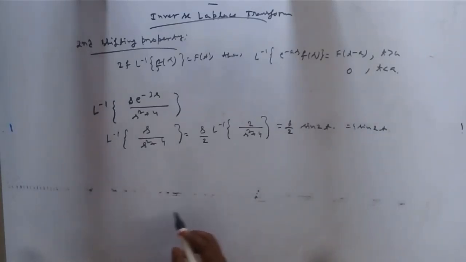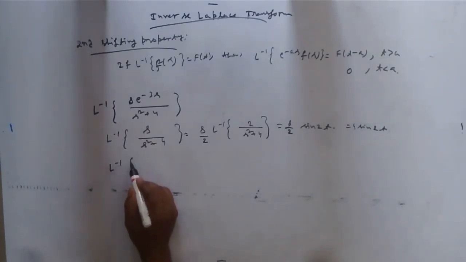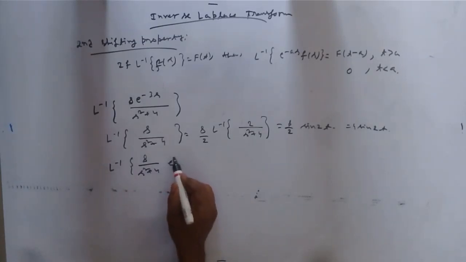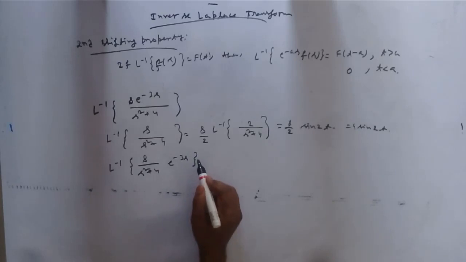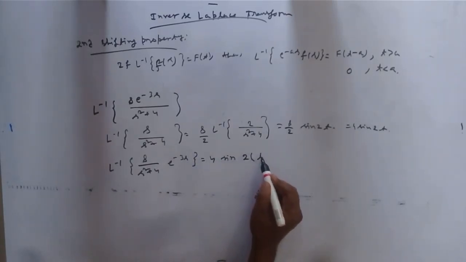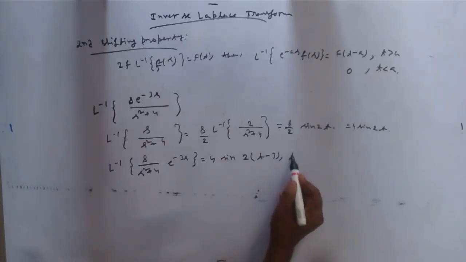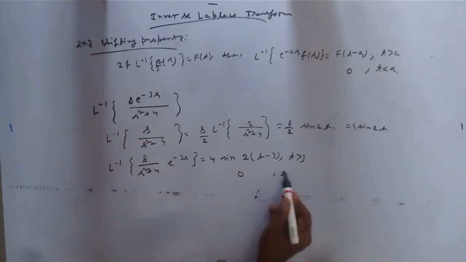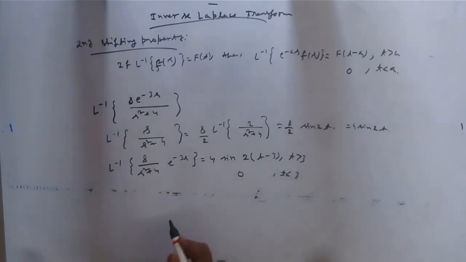Now applying the second shifting property, L inverse of 8 by s square plus 4 into e to the power minus 3s is equal to 4 sine 2 into (t minus 3) when t is greater than 3 and 0 when t is less than 3.